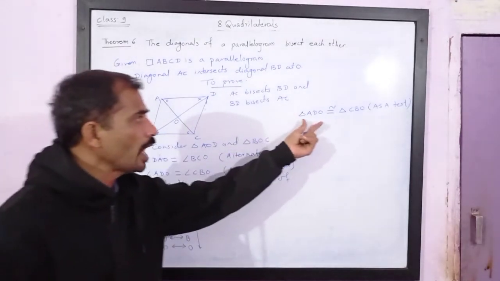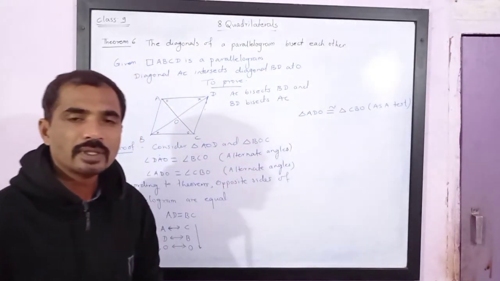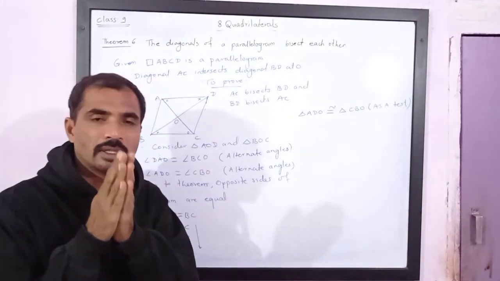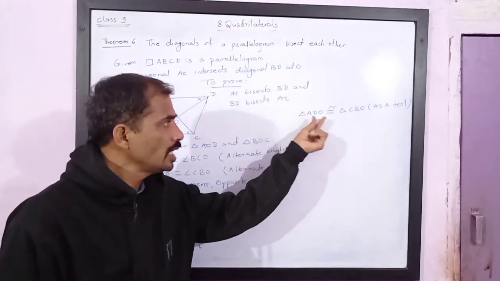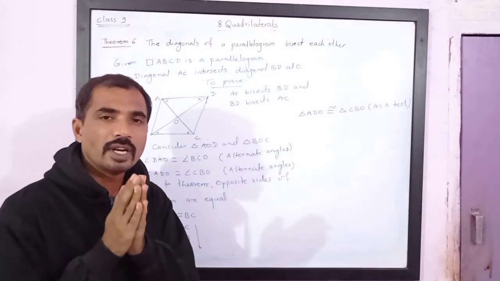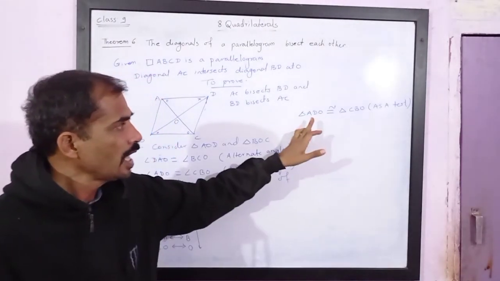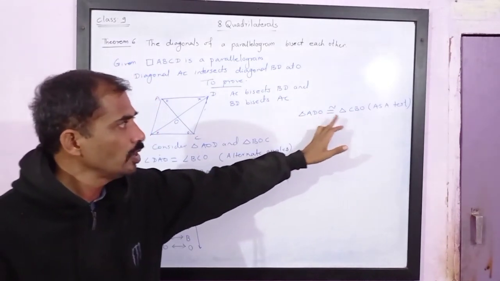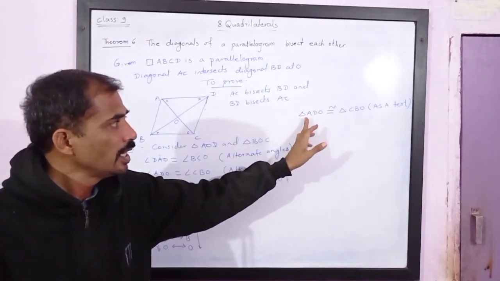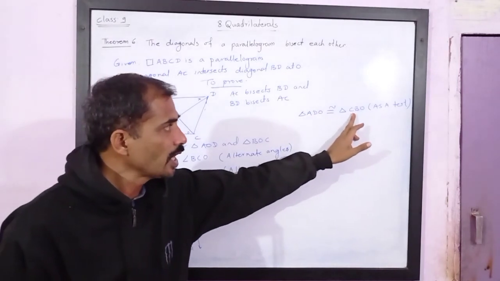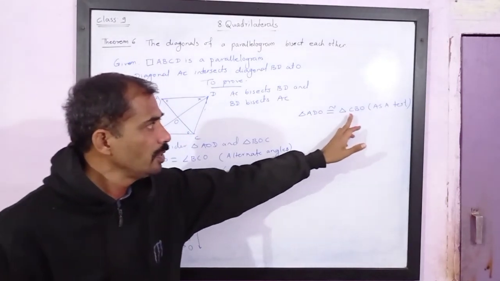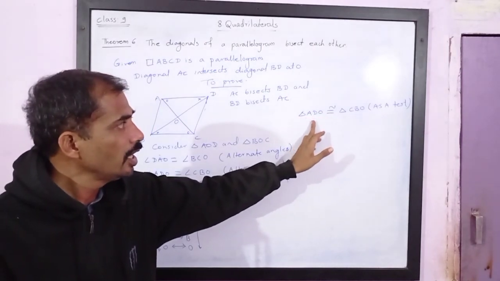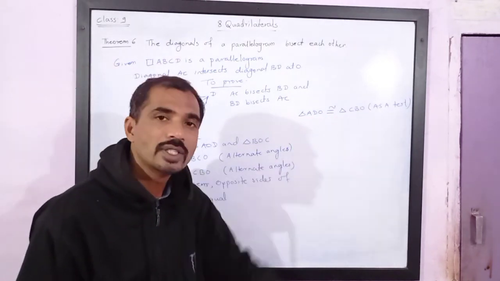Now, if two triangles are congruent, it means if they are kept one above the other, all these vertices will exactly coincide with each other. It means angle A is equal to angle C, angle D is equal to angle B, angle O is equal to angle O, and side AD will be equal to side CB, side DO will be equal to side BO, and side AO will be equal to side CO.